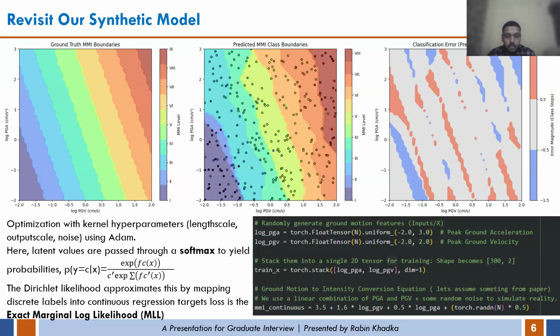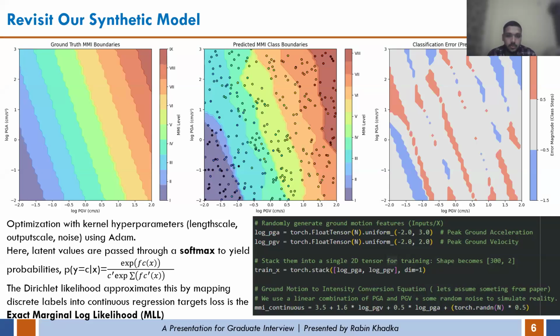We have planned to develop two models. The first one is MMI scale relation with ground motion parameters, that is PGA and PGV. I'm working on the first model at this time, and the next model would be to classify MMI on the basis of site parameters like distance from fault or VS30.